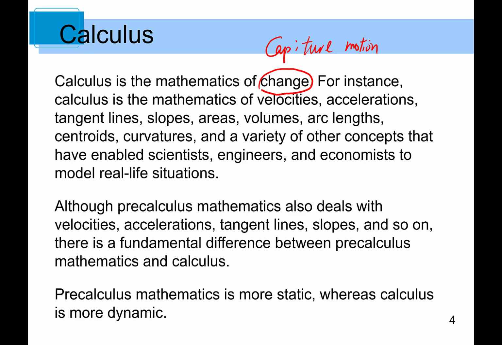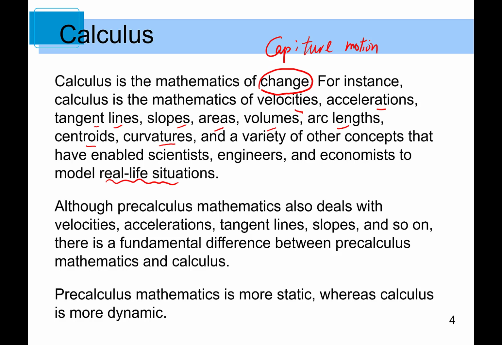For instance, calculus is the mathematics of velocity, acceleration, tangent line, slopes, areas, volumes, arc lengths, centroids, curvatures, and a variety of other concepts. This enables scientists, engineers, and economists to model real-life situations.